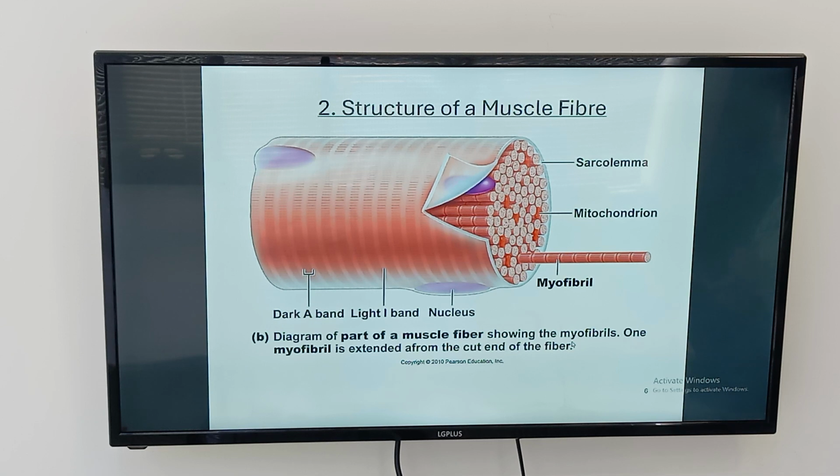Now, we're going to take each fiber and learn its structure. You can see the transparent part is called the sarcolemma. Sarcolemma is this transparent membrane, also called the muscle plasma membrane.